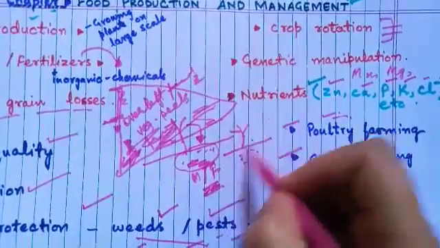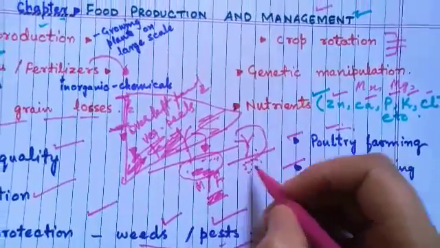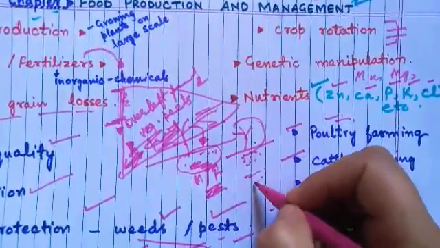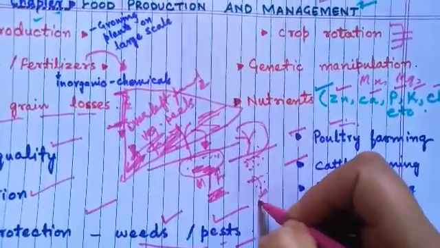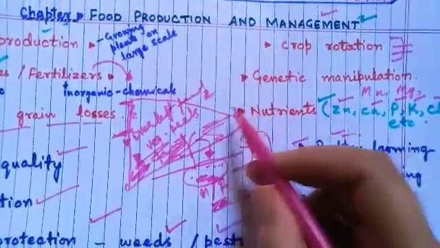After harvesting this crop, we will sow a different type of seed, which will require different nutrients, and this will increase the fertility of the soil.